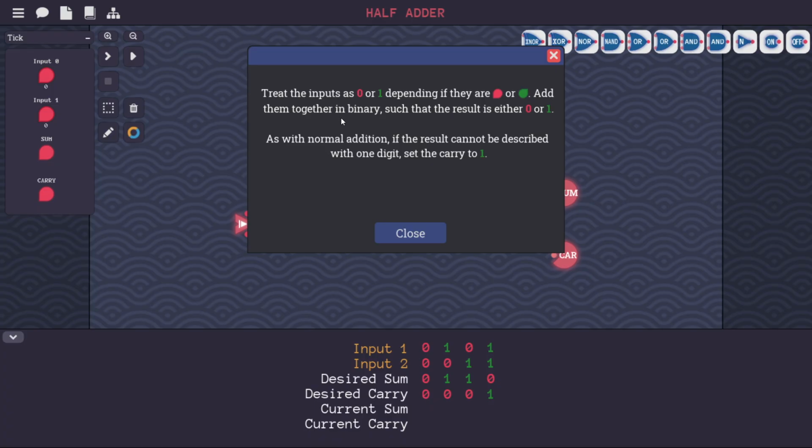Treat the inputs as 0 or 1, depending on if they are red for 0 and green for 1, which is just the binary number system, true or false, and add them together in binary such that the result is either 0 or 1. With normal addition, if the result cannot be described with one digit, set a carry.